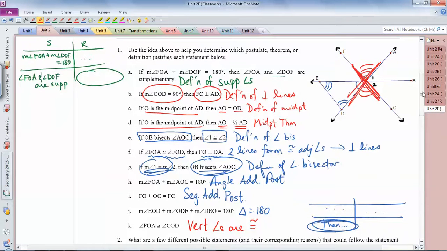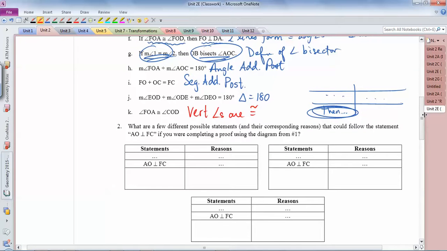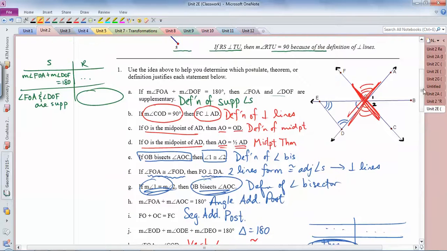Okay. So in number 2, this is a lot like the number 1 on your previous homework. It was saying, what could follow AO is perpendicular to FC in a proof? So it's using this picture here. So AO, the idea is that this one is perpendicular to this one. What are some steps that could come after it?